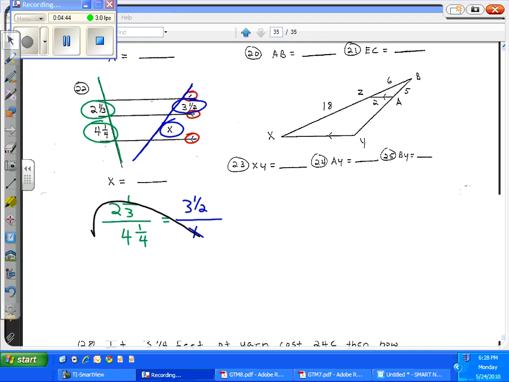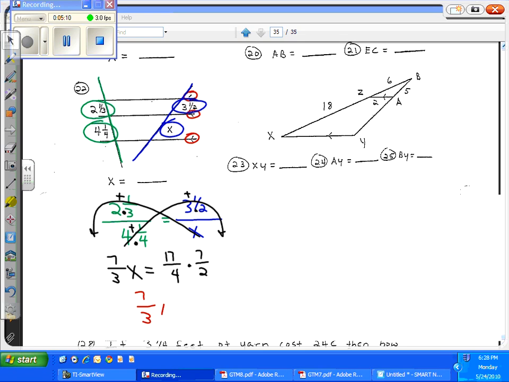Now to solve, we're going to cross multiply, but I'm going to go ahead and make them improper as I go. 2 times 3 is 6 plus 1 is 7/3, and so I would have 7/3 X equal. I'm going to multiply this way, but I'm going to make them improper as I go. 4 times 4 is 16 plus 1 is 17 over 4 times 3 times 2 is 6 plus 1 is 7 over 2.